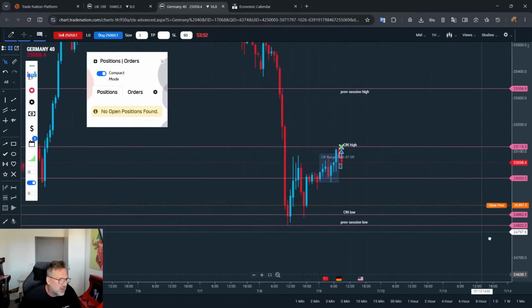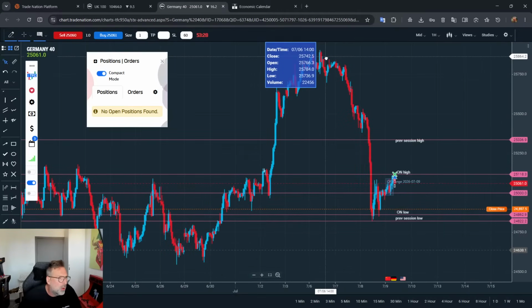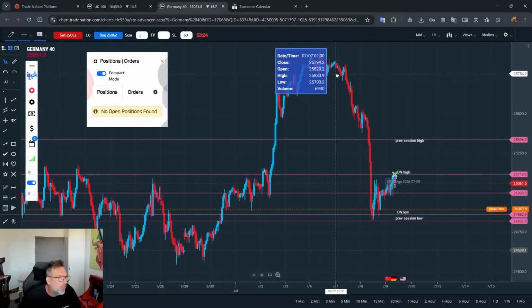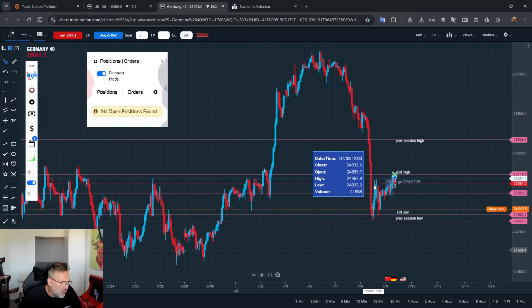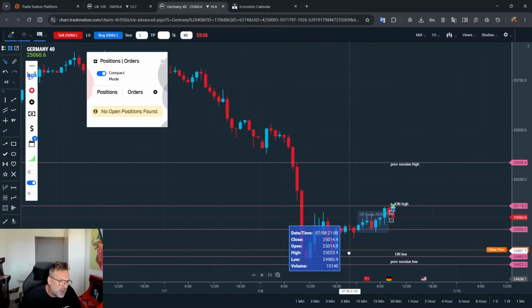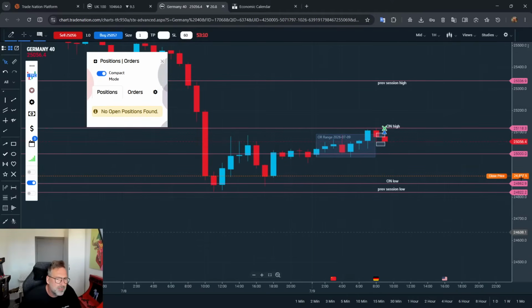So we had 2 trend days in a row where the DAX came all the way down here. Traded close below the 25,000 mark. Now we are trading slightly above it. Gap up situation.